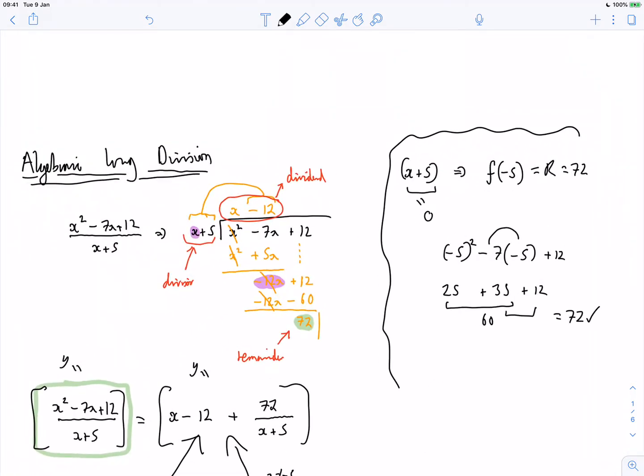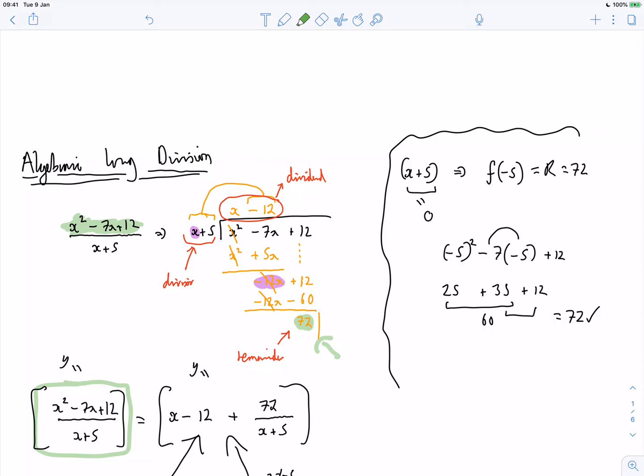Okay, so look what this is saying. If I divide x squared minus 7x plus 12 by x plus 5, I can either do algebraic long division and find the remainder, 72, which also shows that x plus 5 is not a factor, or I could just do the shortcut and substitute in minus 5, because that's what happens if you let x plus 5 equal 0.